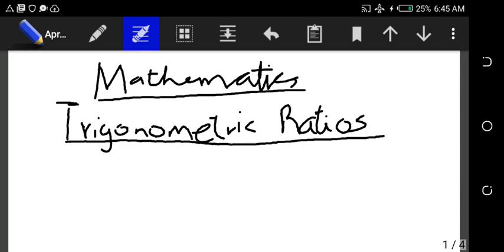Those are our three basic trigonometric ratios, and we want to quickly look at how you can evaluate the sine, the cosine, and the tan using a right-angled triangle. So let me make a drawing of a right-angled triangle and then we'll see how that works out.